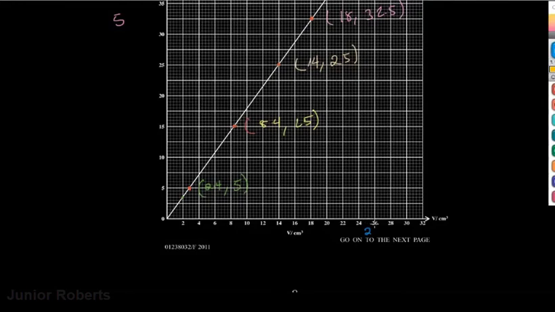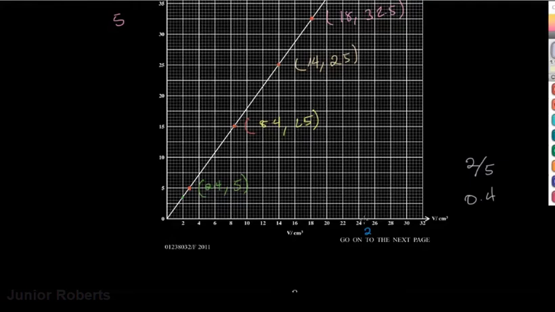So what we'll say is 2 divided by 5. As a decimal, what is 2 divided by 5? 0.4. So therefore, each of these small blocks is 0.4.